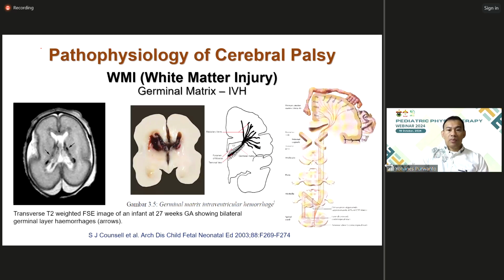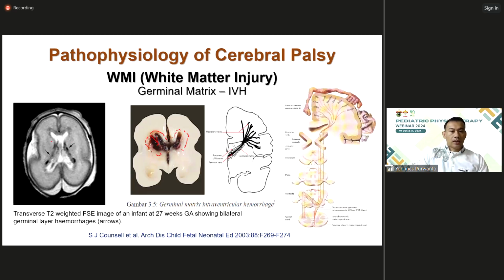The other white matter injury is called germinal matrix intraventricular hemorrhage. This is also from preterm infants because of bleeding in the germinal matrix area here, which then makes a hemorrhage in the intraventricular space.